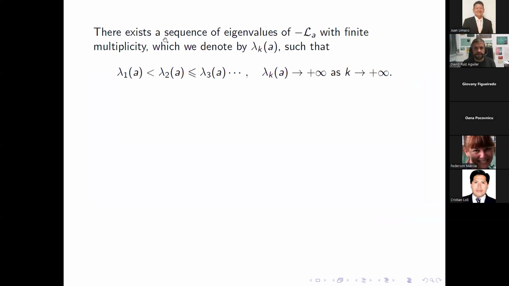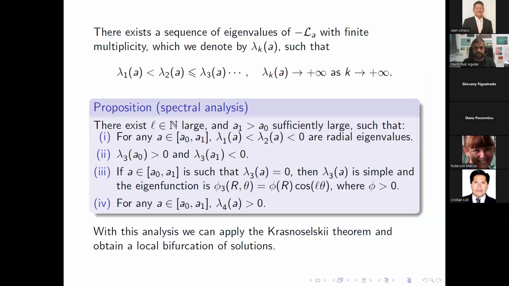In general, there exists a sequence of eigenvalues of the linearized operator with finite multiplicity, which can be proved to go to plus infinity. We can analyze these eigenvalues and choose A and also L. Let me remind you, L is the degree of symmetry, the number of rotations under which you have symmetry.